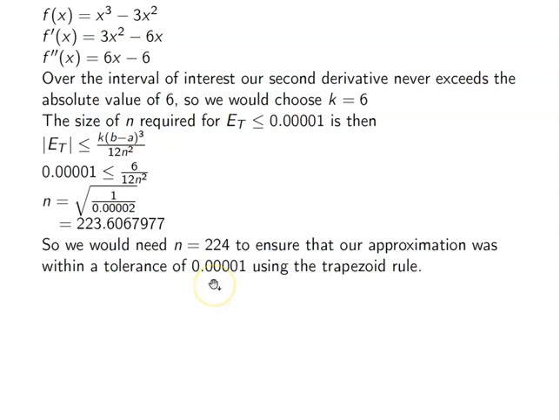I would need 224 rectangles to make sure I am within 100,000th of the true value with the trapezoid rule. That's 4 decimal places of accuracy, really. I have a little bit of error at the fifth, but I have to be within 4 decimals of accuracy, which is very standard in engineering and physics.